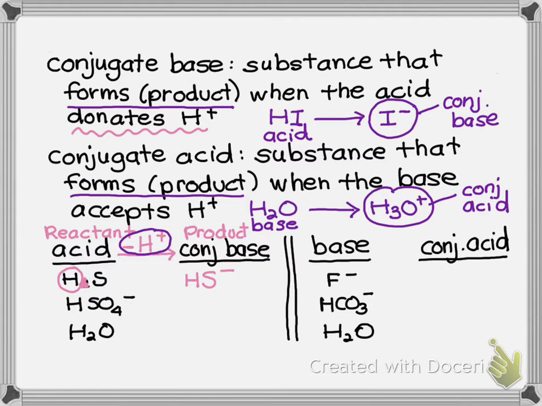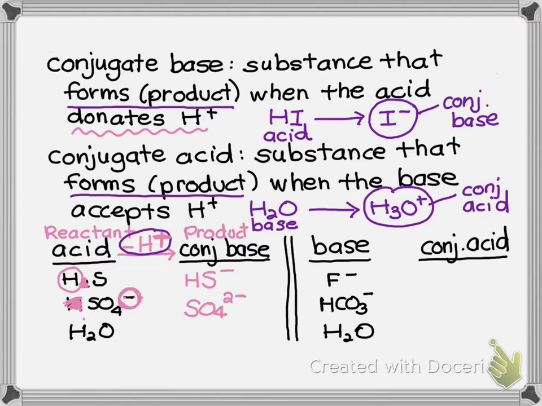So let's try again. If I have HSO4-, and this is my acid here, and I take away an H, so just imagine I'm donating the H, that goes away. So now I have SO4 left, and every time you take away a plus, you leave another negative. So if I have one negative right here, this one would have two negatives left.